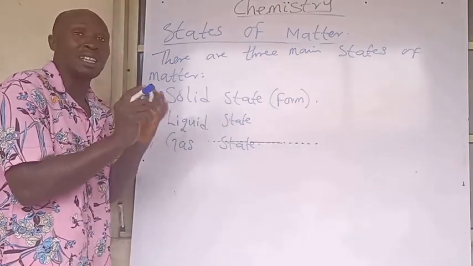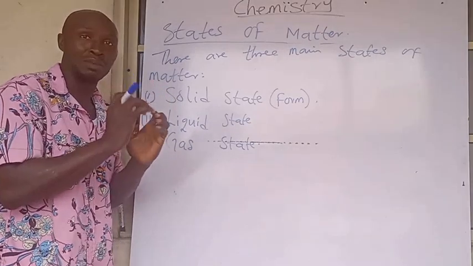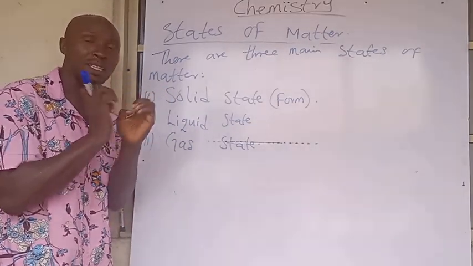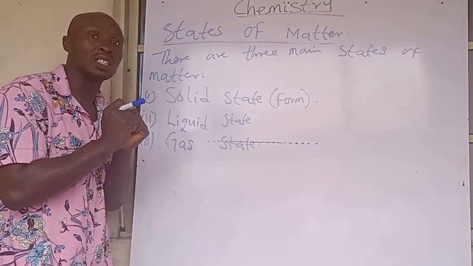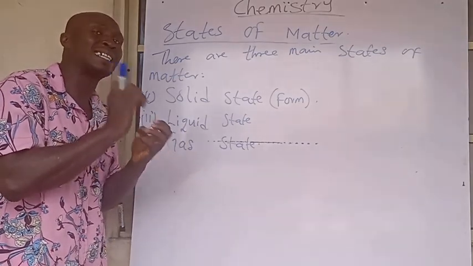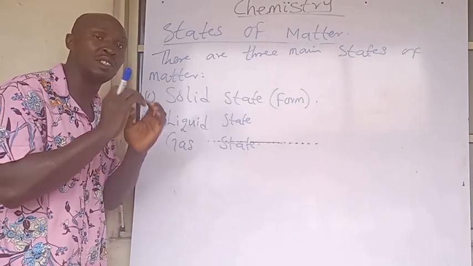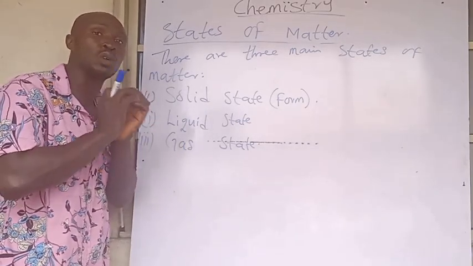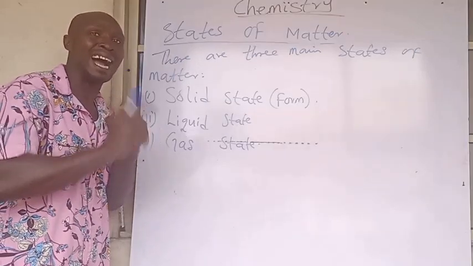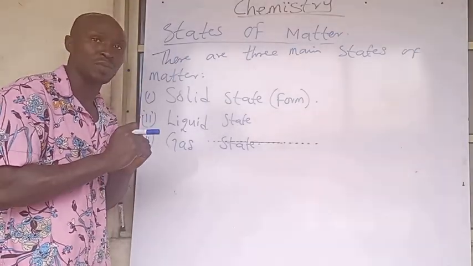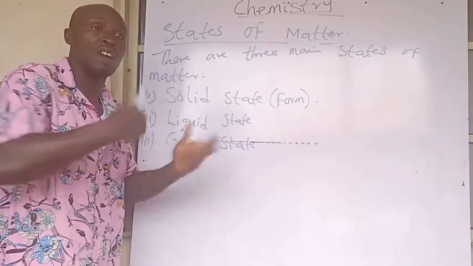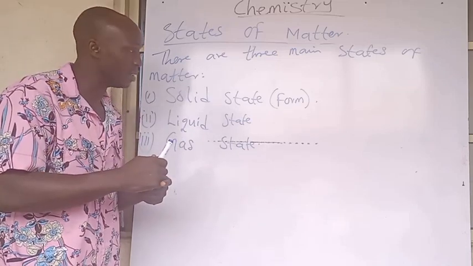The solid state of matter describes a particular group of matter which have a limited degree of freedom, a limited degree of movement. They hardly move on their own. Even when they try to move, they cause vibration.